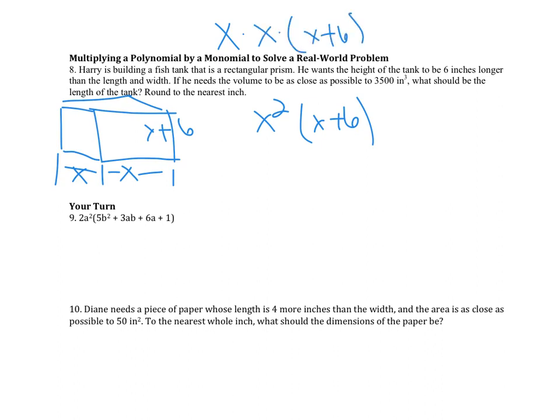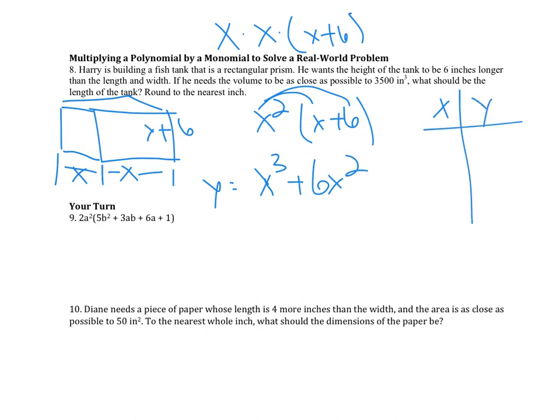That x times x becomes x squared. Distribute, and we get x cubed plus 6x squared. Now our goal is to get to 3,500. So I'm going to create a table where I have my x value, and we can say this is equal to y, or my output.